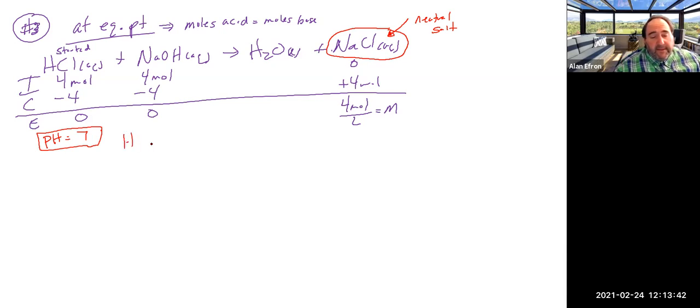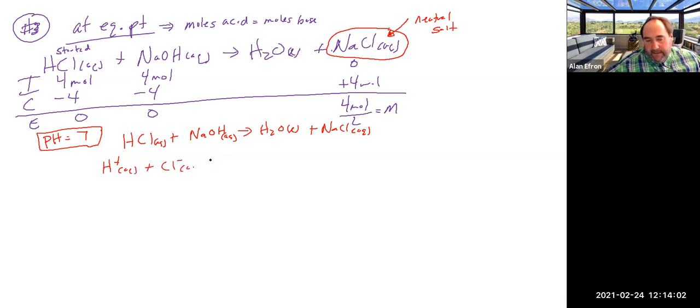Because if we do take something like our hydrochloric acid and our sodium hydroxide, and we look at what is really happening by writing a total ionic equation, which is H plus, Cl minus, plus some sodium ions plus some hydroxide ions.